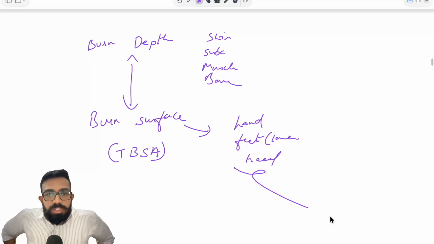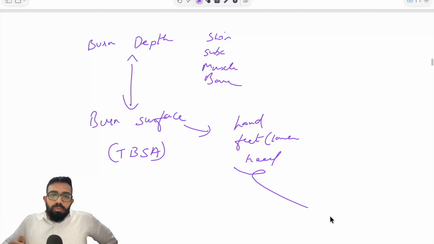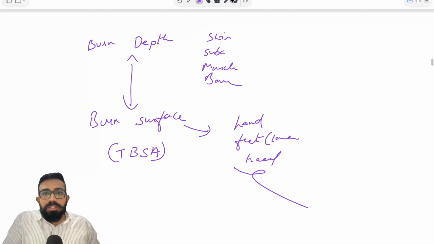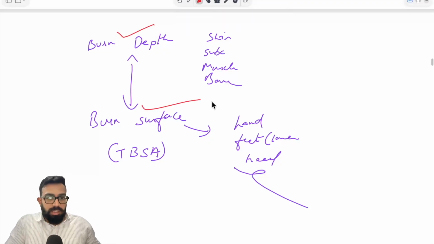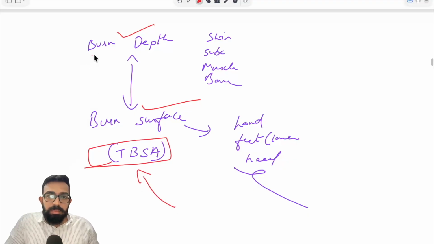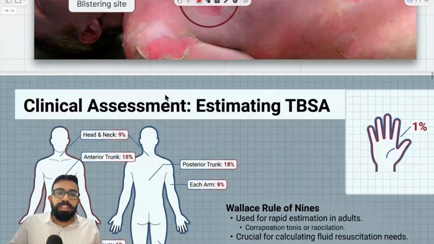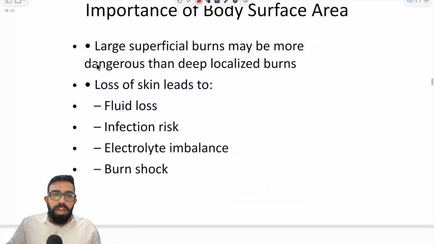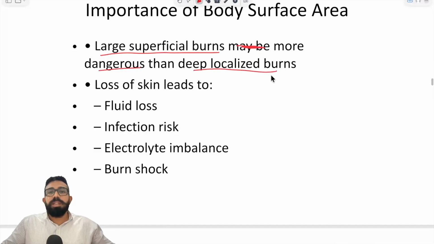Now, the question arises, what kills more? Does burn depth kill more or does burn surface kill more? The short answer is TBSA is more important than burn depth. Okay, so coming to the slide, large superficial burns are generally more dangerous than deep local burns.